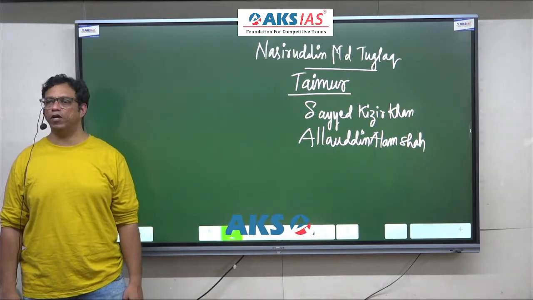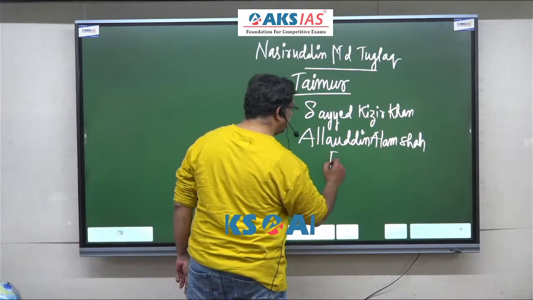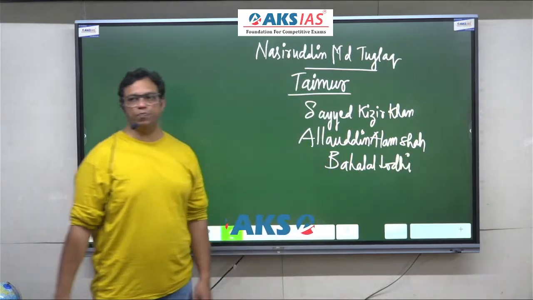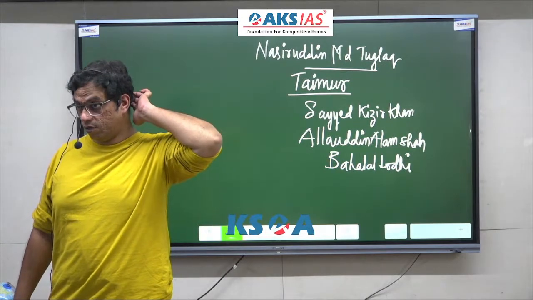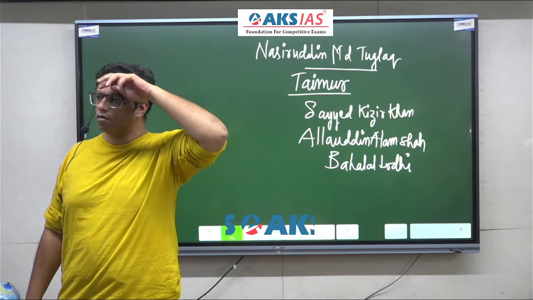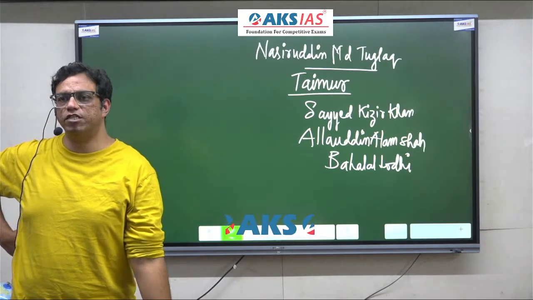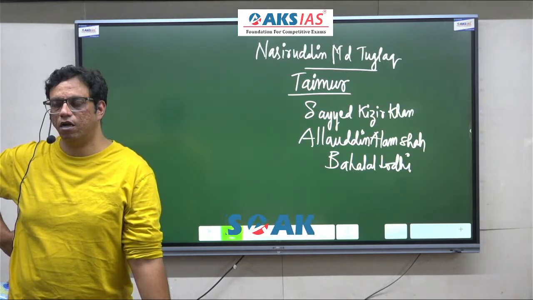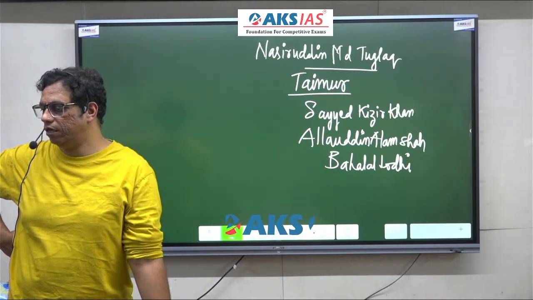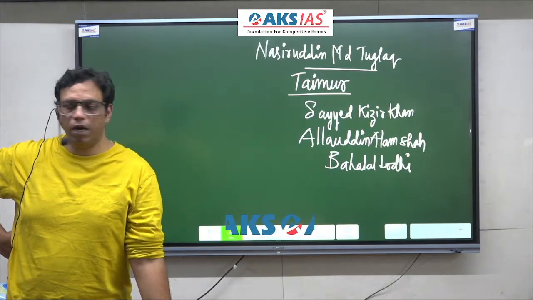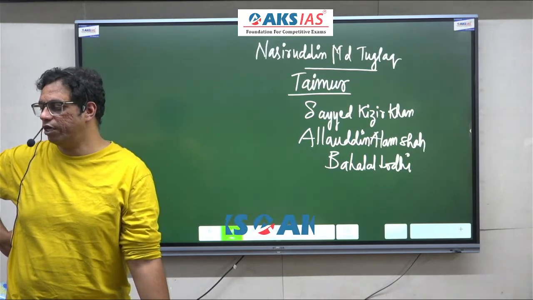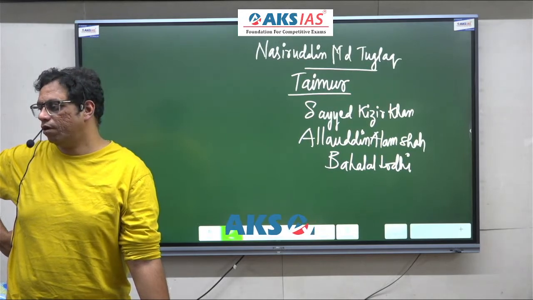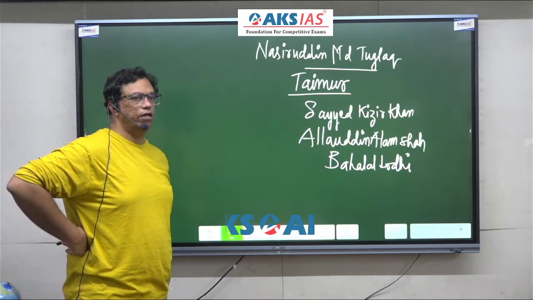He was dismissed from power because of his inefficiency by his subordinate Bahlal Lodi, who started the Lodi dynasty rule.